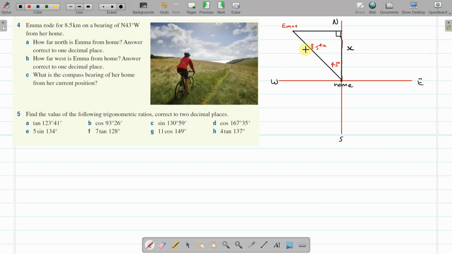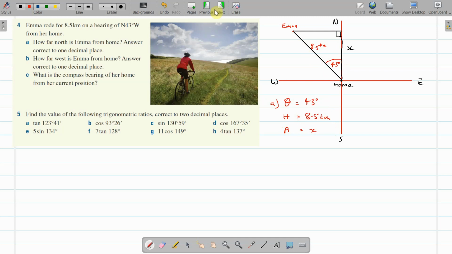So can we get an answer out of that? With the right angle triangle trig, we can, because for 4a we've got an angle of 43. We've got this, which is the hypotenuse, 8.5 kilometres. And we've got this, which according to this angle is the adjacent side, we'll call it x.